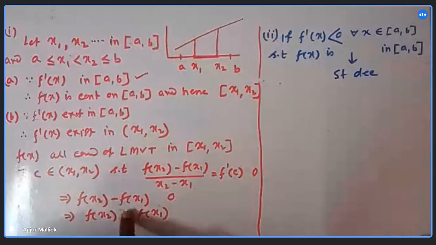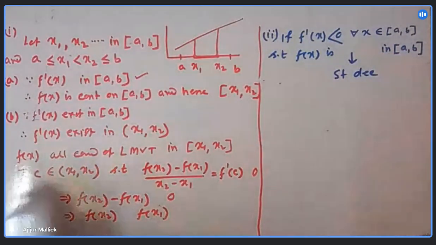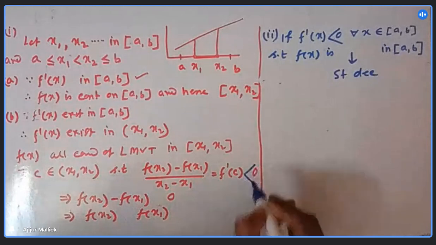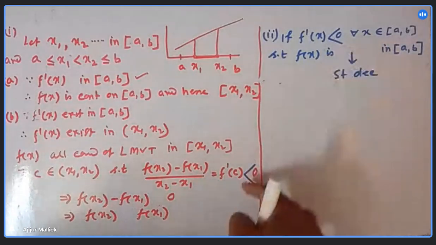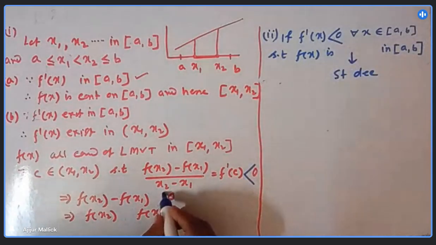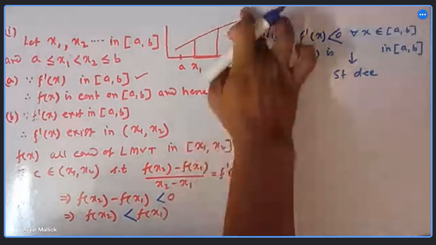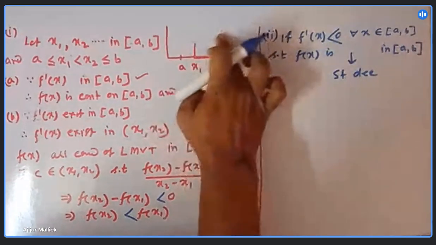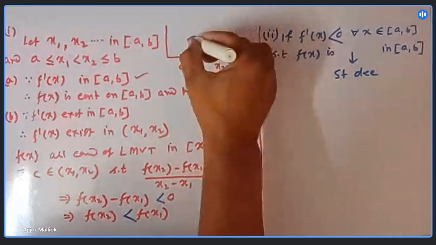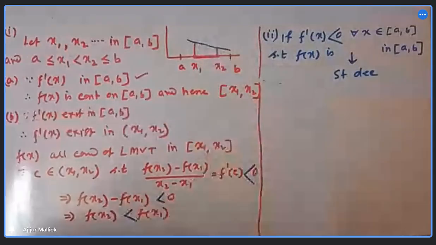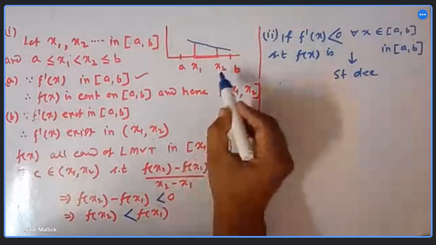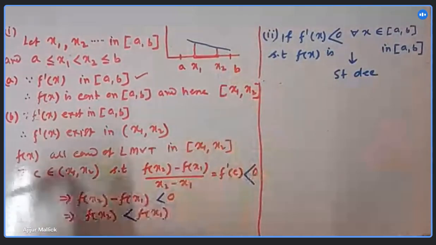So what will be changed? Just here we shall write f dash c less than 0. It is given, so this will be less than 0, f(x2) less than f(x1). In this diagram, f(x2) is less than f(x1), meaning the curve is of this type. So this is strictly decreasing.